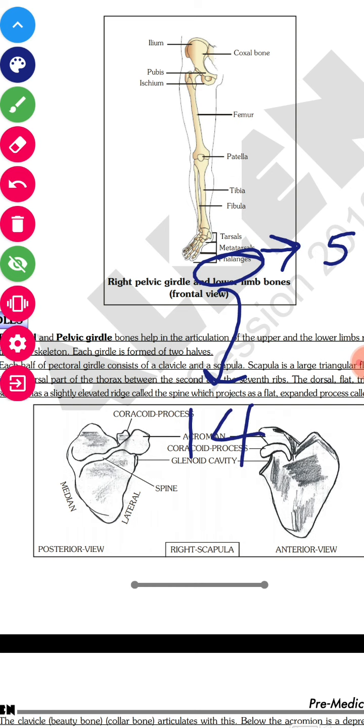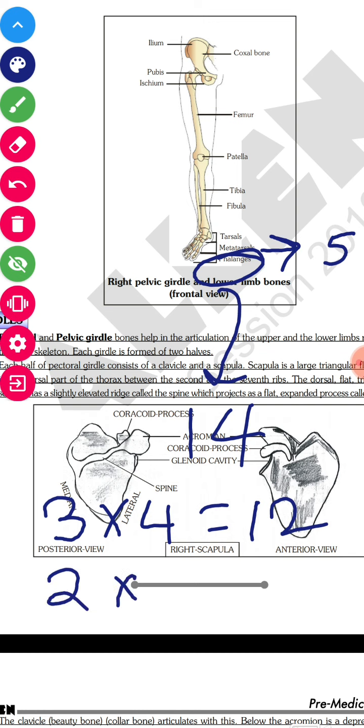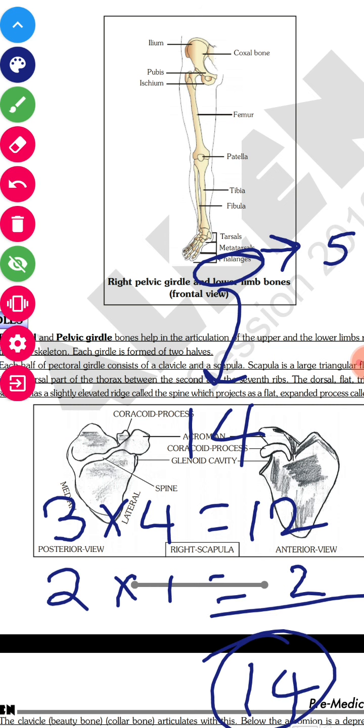Same applies here as well. How? In each toe there are going to be 3, so 4 toes, 3 fours are 12. But in the big toe there is going to be only 2. So 12 plus 2, that is 14 are present over here also.